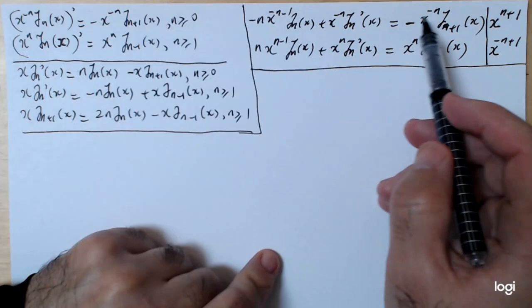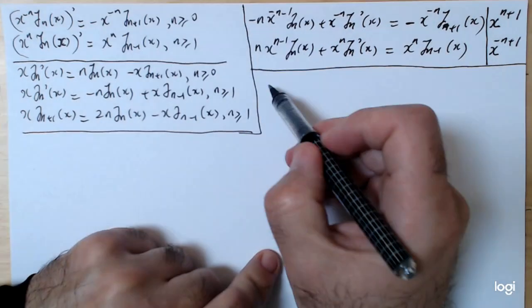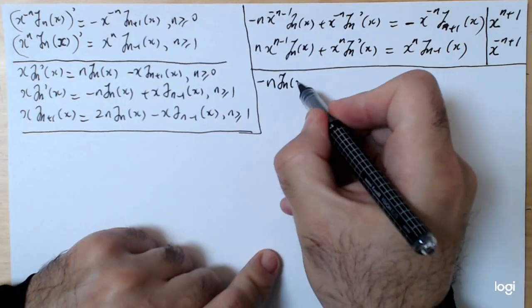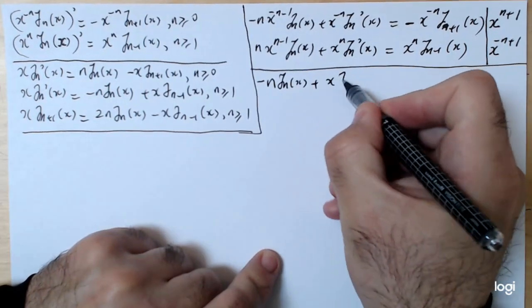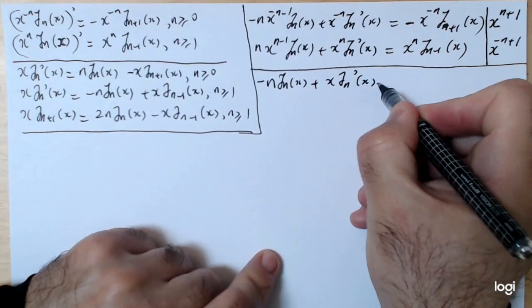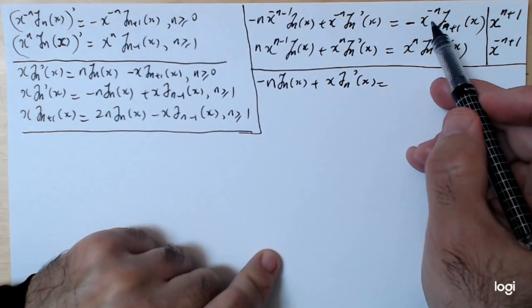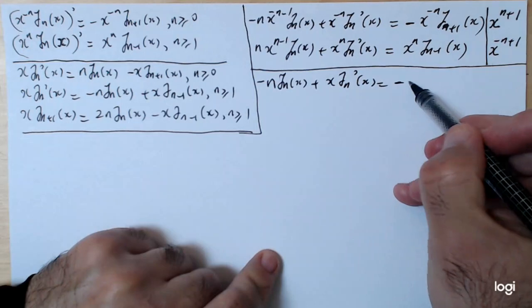So when we multiply all the way through and simplify, then the first row becomes minus n jn of x plus x jn prime of x equals, let's see, if I multiply by x to the n plus 1, you're left with x.